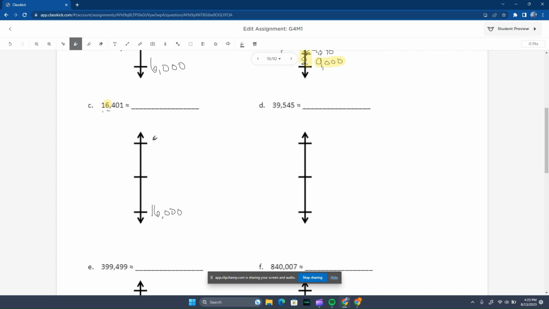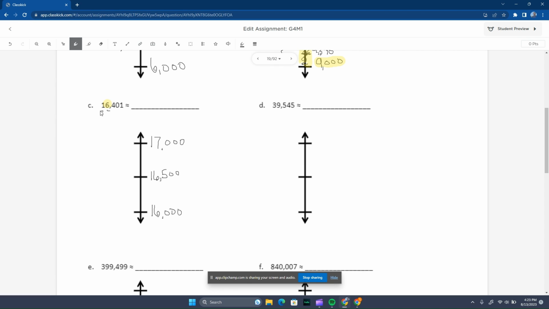So after 16,000 would be 17,000. And here in the middle would be 16,000, and then that number 5 in the hundreds place. So 16,500. Again, this is the number directly in the middle of 16,000 and 17,000.